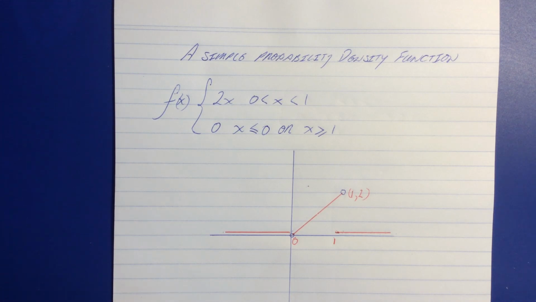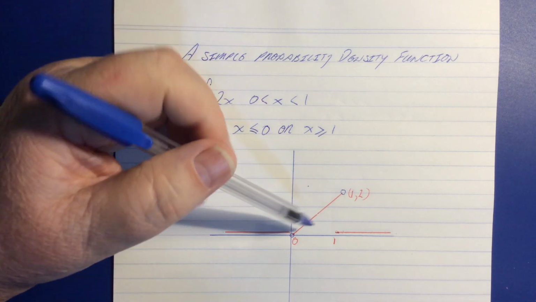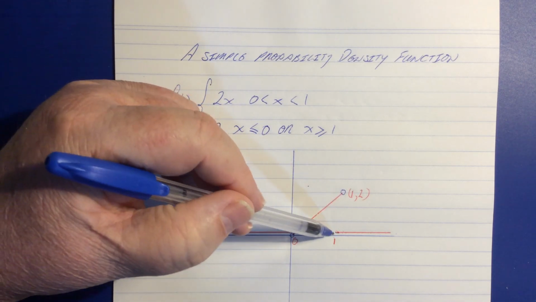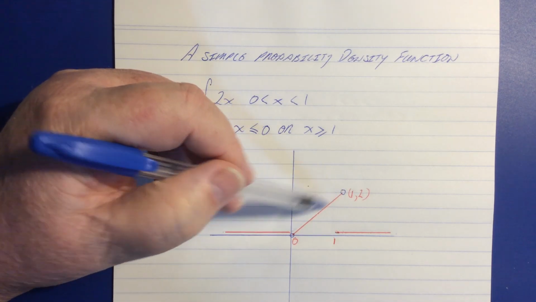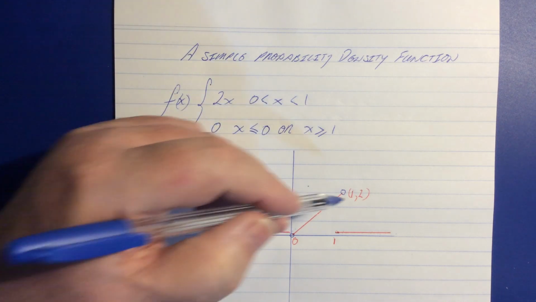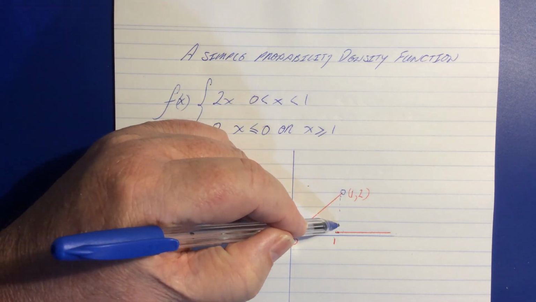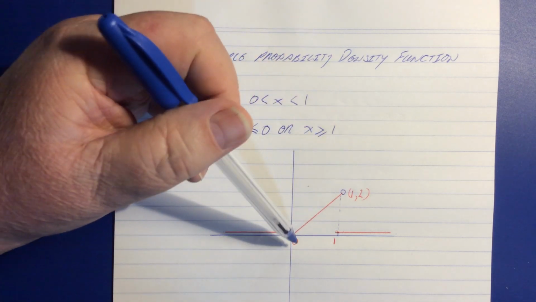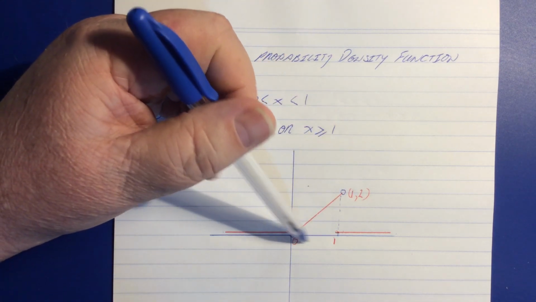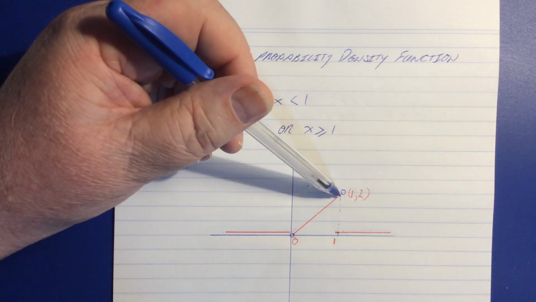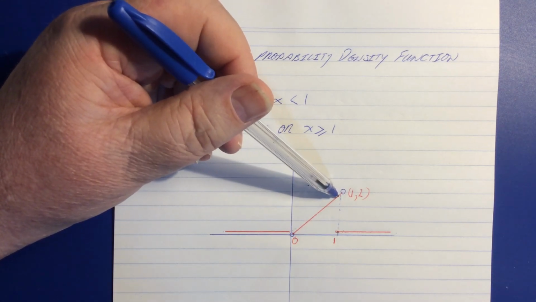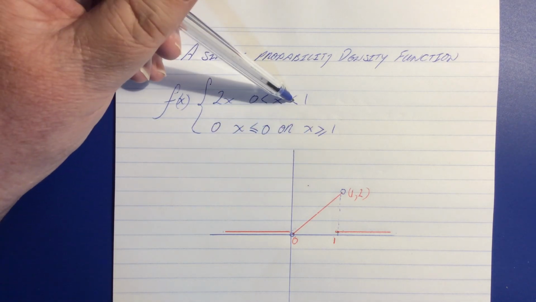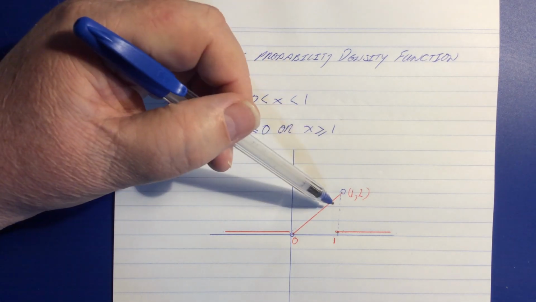Now, a thing to note: if we were to figure out the area under this part of the function, let's just pretend that we've got ourselves a triangle here. It's very easy to do. The base is 1, the height is 2, because you'll note that it approaches but does not equal these values.